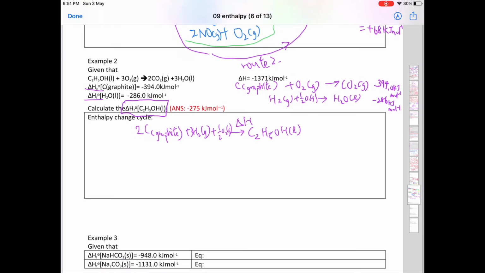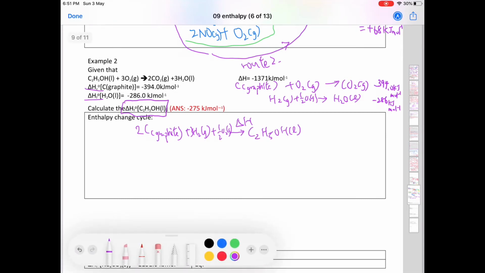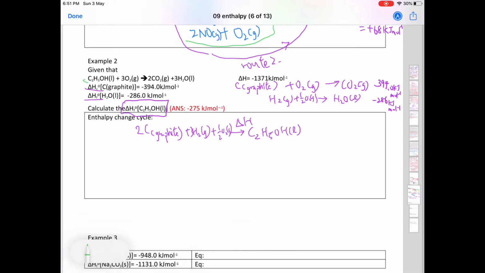As you may see, if you want to use the first information, if you compare the species involved, C2H5OH releases 3 oxygen diatomic molecules. So if we really want to use the first information, we have to add back these 3 oxygen in the equation. Is it okay?